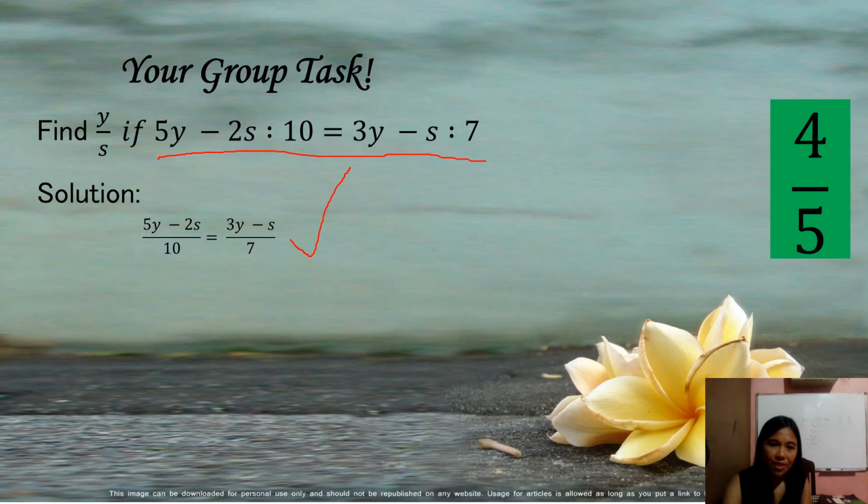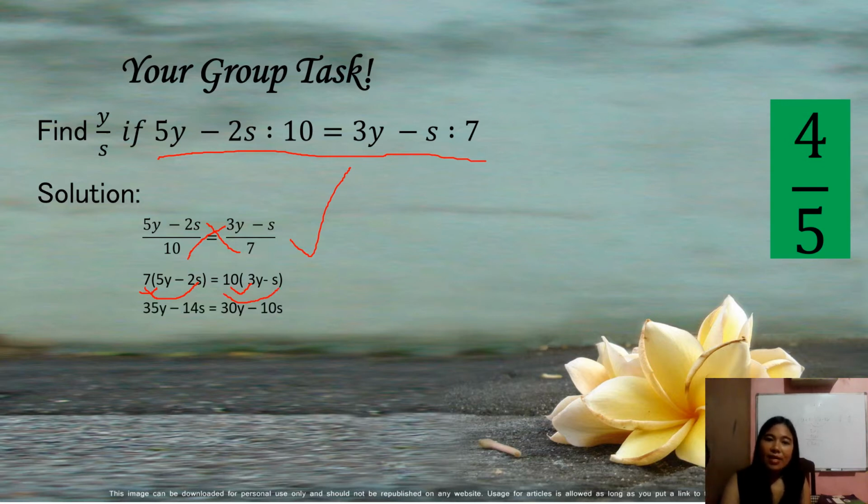So 7 times 5y minus 2s, and then 10 times 3y minus s. Okay, so by cross multiplication, we got this. And then 7 times 5 is 35y, while 7 times negative 2s is negative 14s. Do the same thing here. 10 times 3y is 30y, and then 10 times negative s is negative 10s.